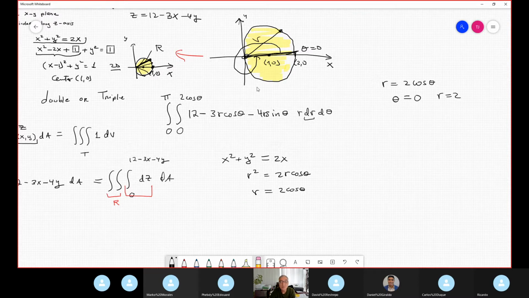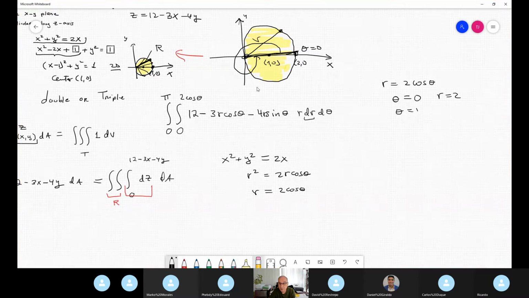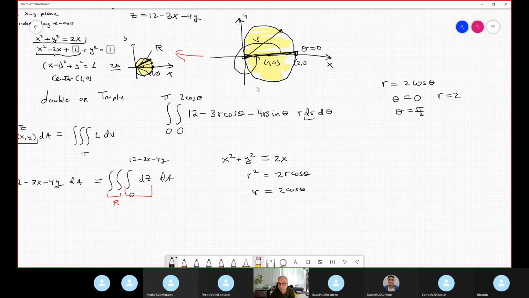This is this point. However, in theta equal pi over 2, 90 degree, cosine 90 degree is 0, so R is 0. So this point is exactly the origin. Therefore, when you travel from 0 to pi over 2, actually the thing we are doing is in this direction.